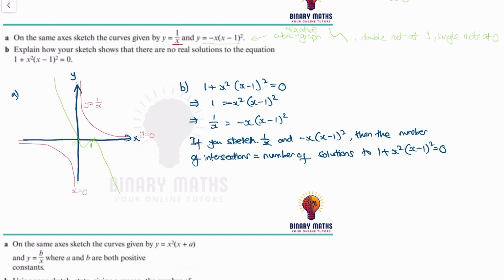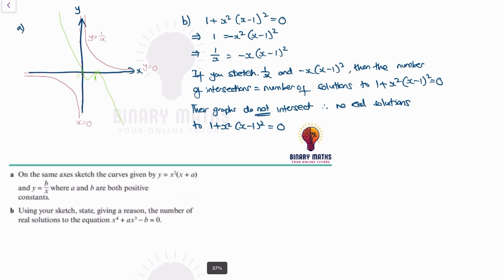As we can see, the graphs do not intersect. Therefore, no real solutions to 1 plus x squared times x minus 1 squared is equal to 0. Okay, next question.